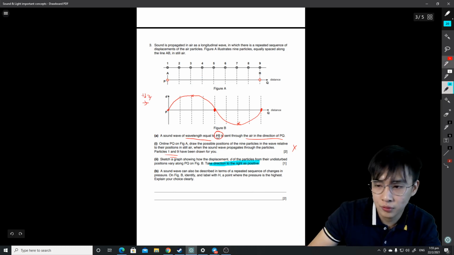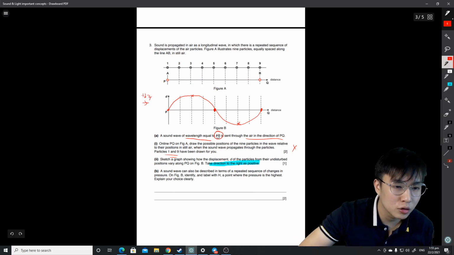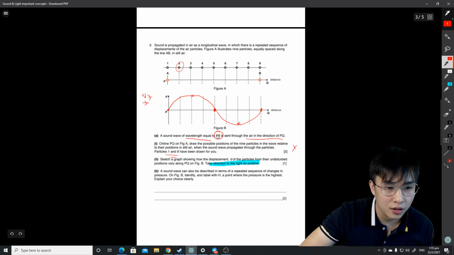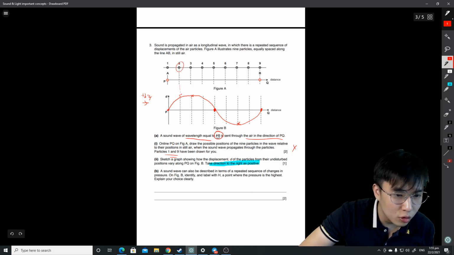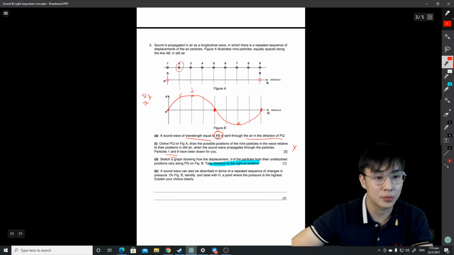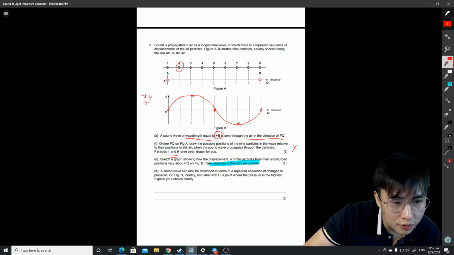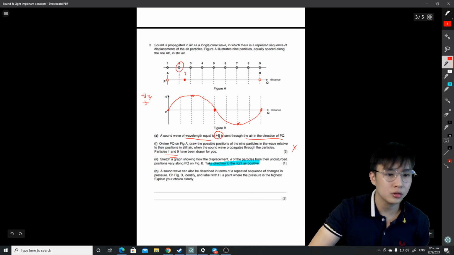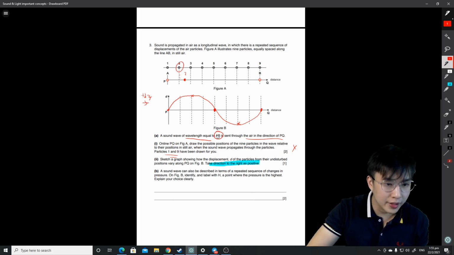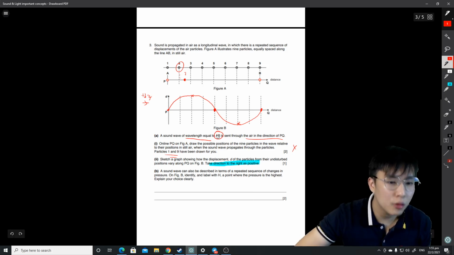So easy game. We've done this so many times already. Now look at 2. Where does it correspond to? It corresponds to almost the highest displacement. There's still a particle 3 with slightly higher displacement. So what I'll do now is draw particle 2 quite far to the right, somewhere in the middle. So this is particle 2. Can you see? It's somewhere to the right. Now what about particle 3?